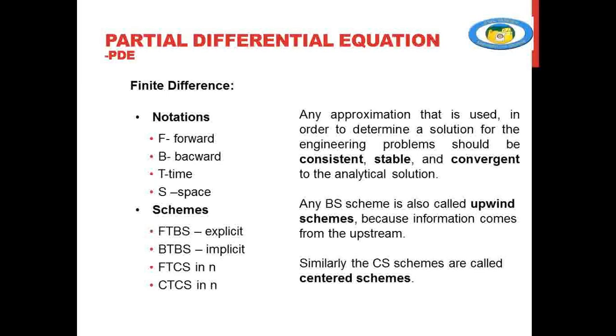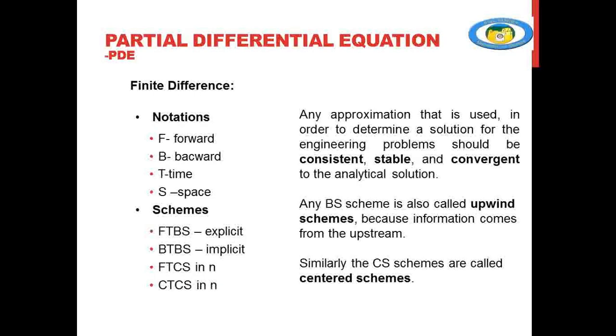Although you have different possibilities to represent your finite difference, we have to look for a scheme which is consistent, stable, and convergent to the analytical solutions. Quite often, backward schemes are also referred to as backward spatial.